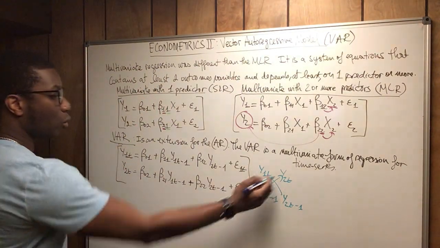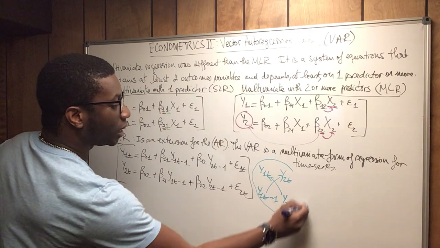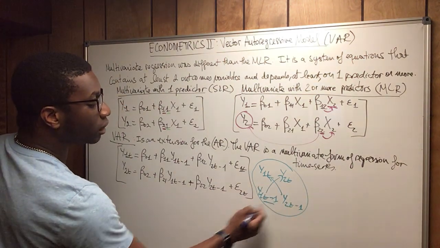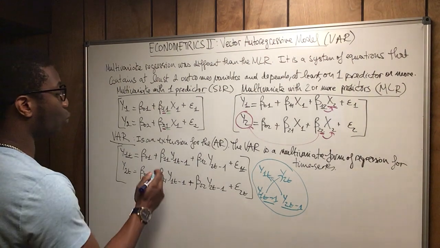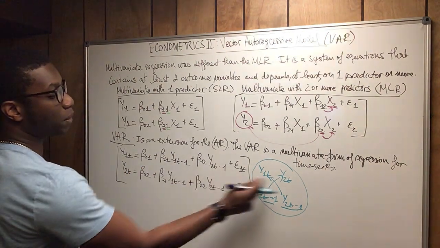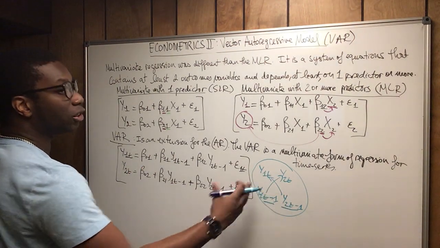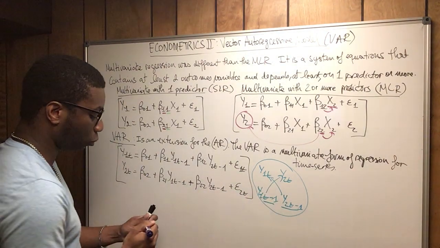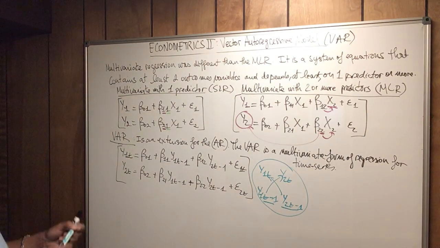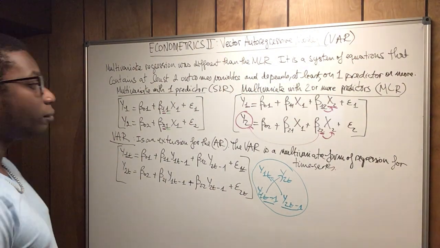That's why you have Y1T minus 1 and Y2T minus 1 in the same equation, because there's a form of interdependence between the two outcome variables. That's why you have this form of equation.